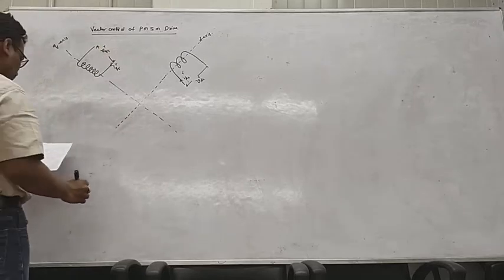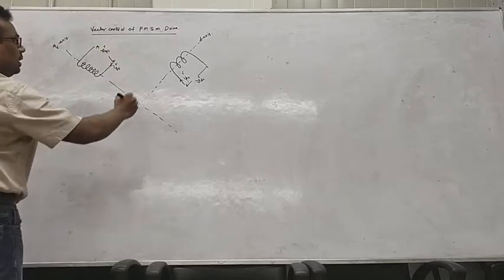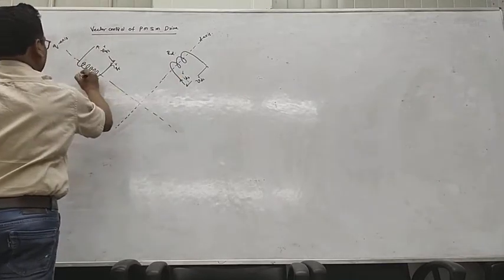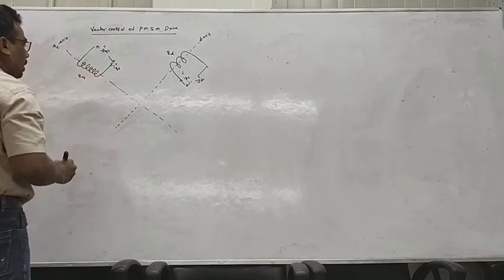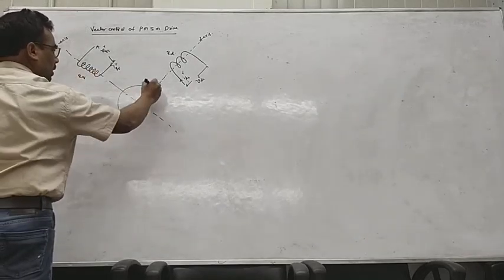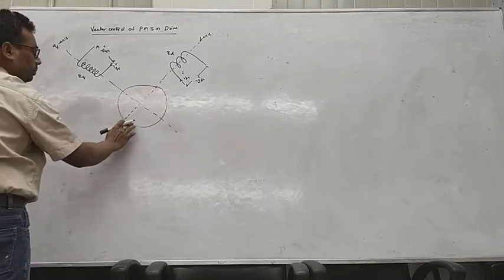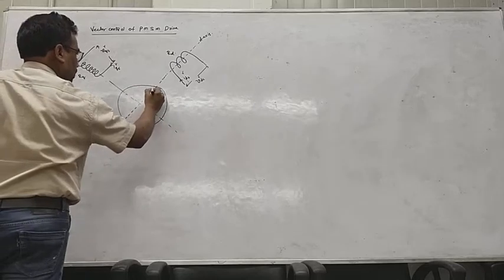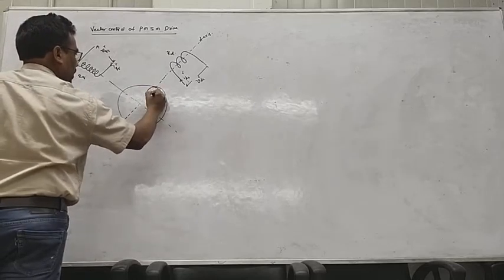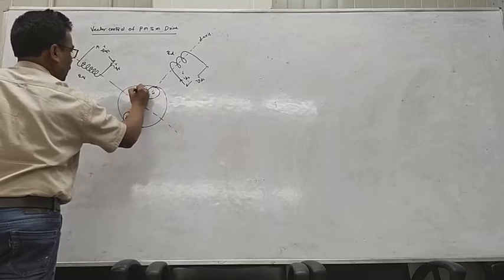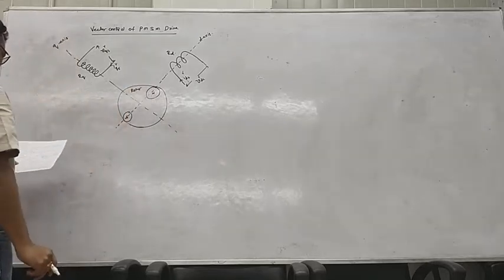These are perpendicular to each other, and the resistance of this winding is RD and the resistance of this winding is RQ. And this is the rotor. Here in this rotor there are two poles, let us assume north pole here and south pole here.